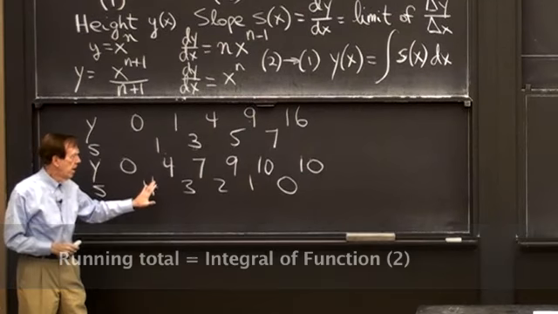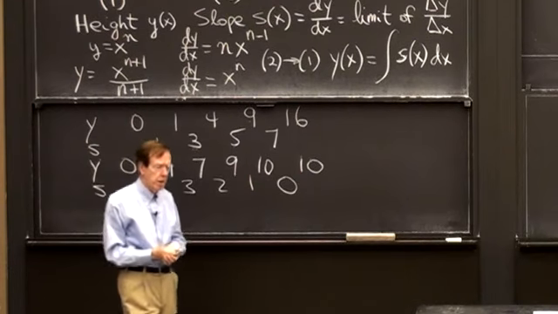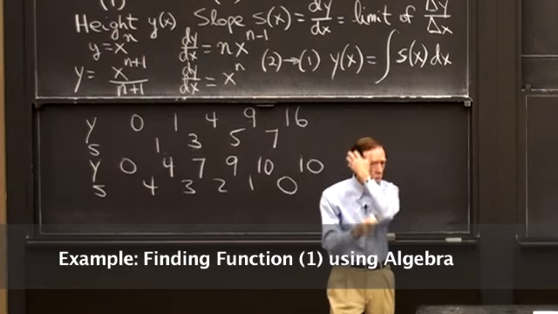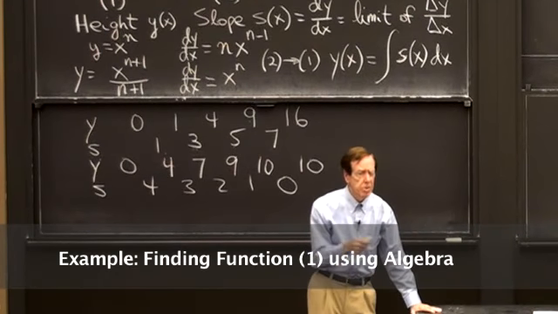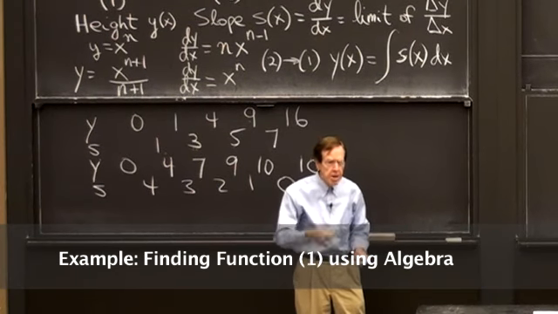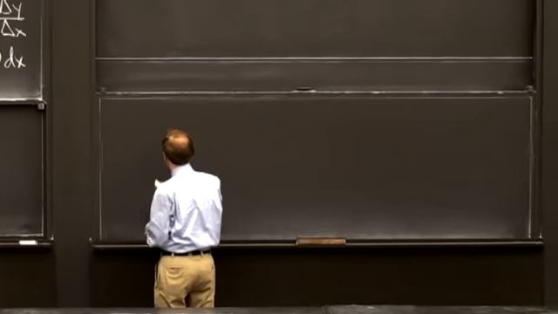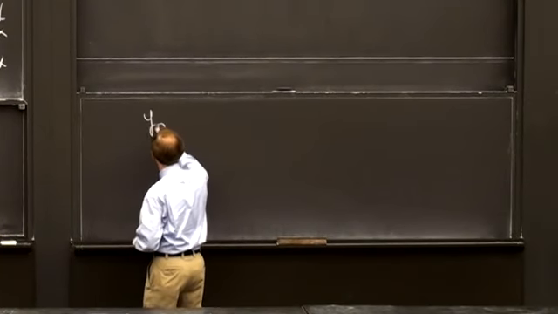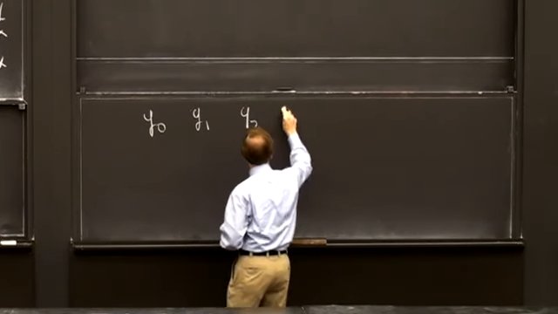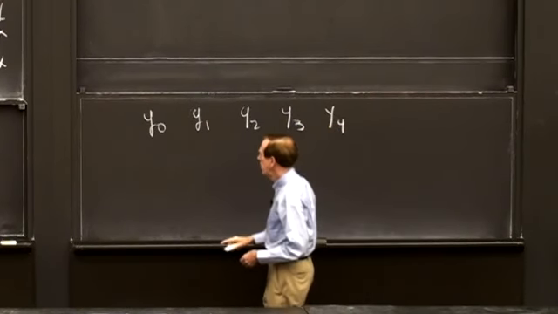Okay. I could do this with any bunch of numbers, and I can do it with letters. So now I move from arithmetic to algebra. Algebra just means I'll do it with any letters, but I'm not yet doing it continuously, which is what calculus will do. Okay, so with letters, I have here y0, y1, y2, y3, y4, let's say. So those are the y's.